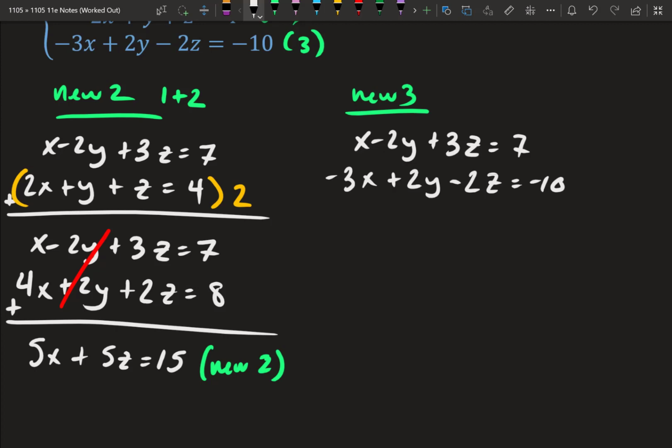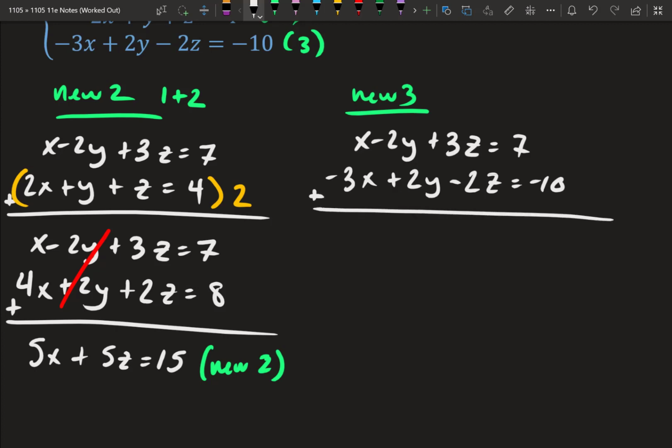Whatever you do in new 2, you need to replicate for new 3. Since in new 2 there is no y, we need to do the same thing for new 3. Luckily, they're already opposites, negative 2y and positive 2y. We don't need to do anything.